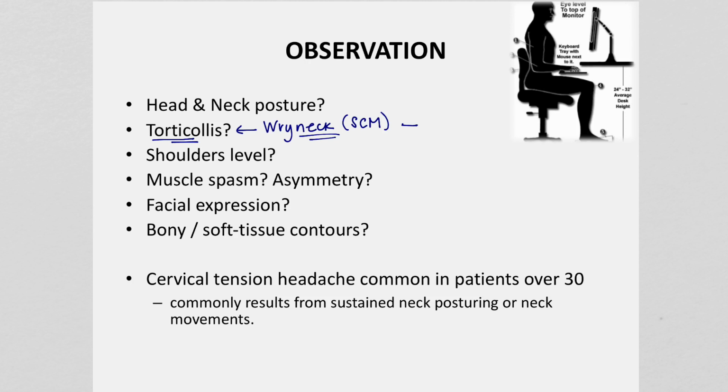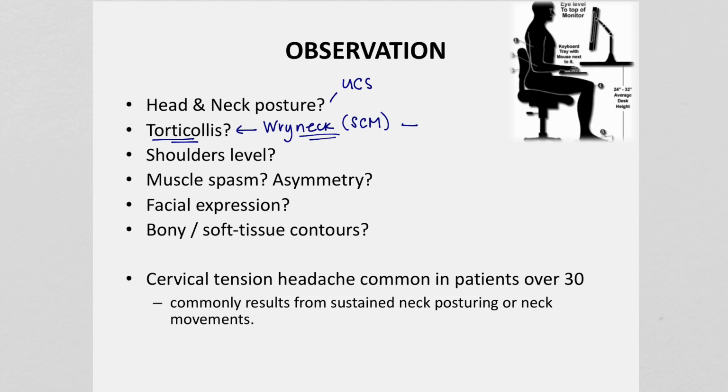Okay, other things that we want to look for in the head and neck posture area is any adaptations that they might have. So this is the time where we're going to identify if they have the upper cross syndrome, right? Do they have that forward kind of head posture? Does the head sit in the middle of the shoulders like it's supposed to do?